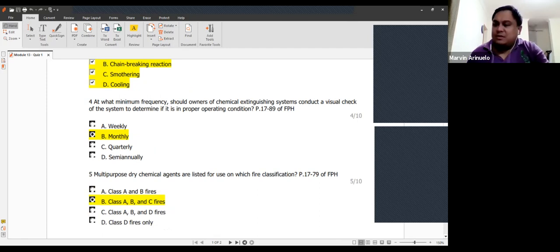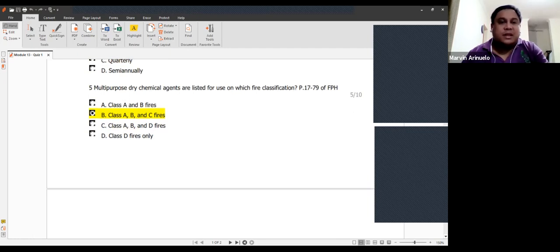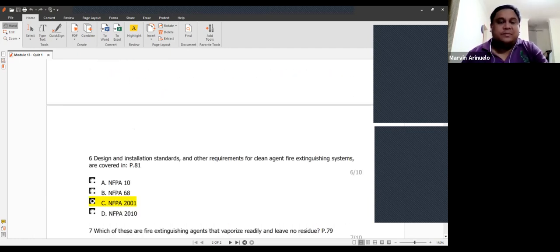What minimum frequency should the owner of a chemical extinguishing system conduct a visual check to determine if it is in proper operating condition? Monthly. Multi-purpose chemical agent is listed for use on which fire classification? Class A, B, and C fire.